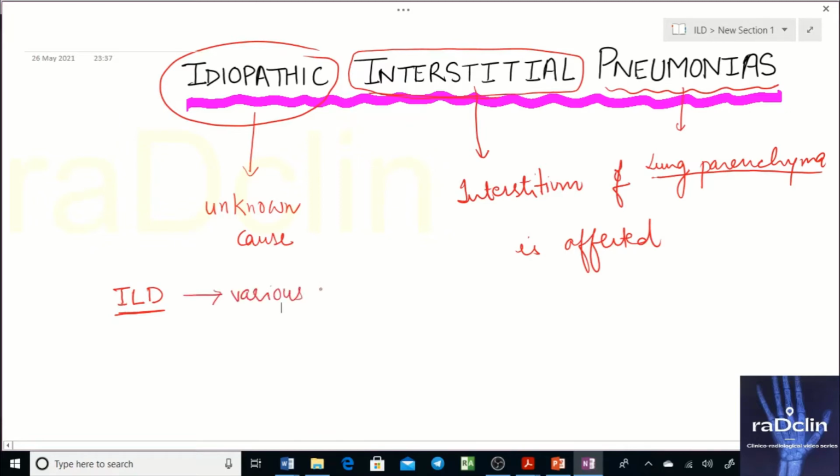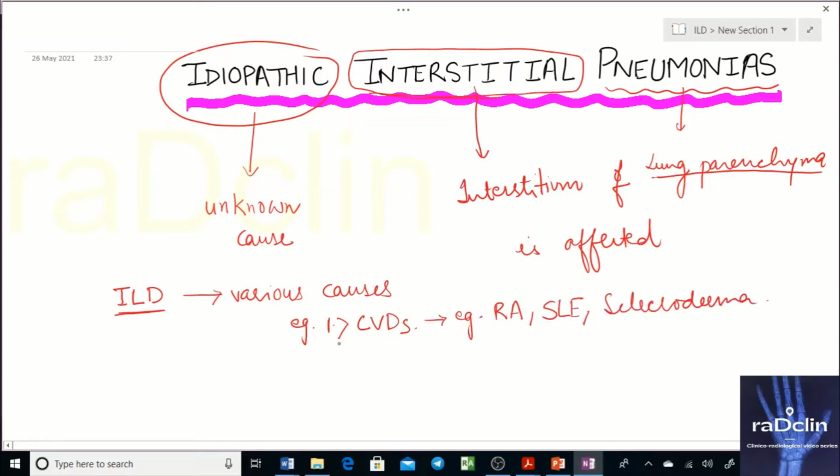various causes, and if I start tabulating the causes, the first example would be collagen vascular disease, simply writing CVDs. We know what it is, like rheumatoid arthritis, scleroderma. There are so many. Sjogren's. Now, a cause of an ILD could be exposure. Occupational exposure could be one thing.